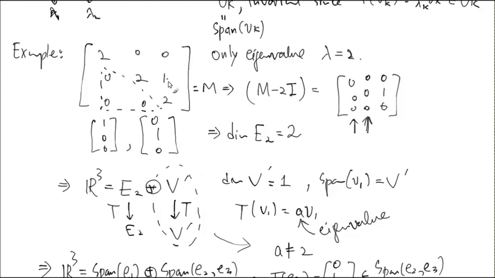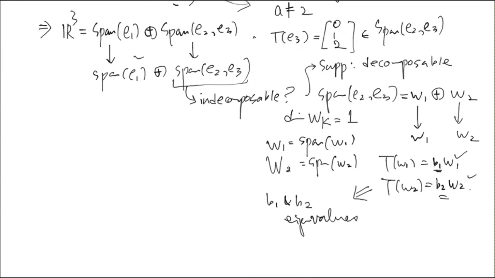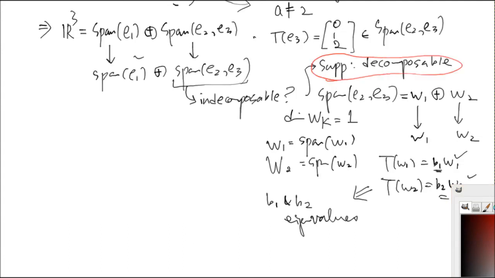But I calculated it at the very beginning, right? The only eigenvalue is 2, and the dimension of that eigenspace is 2, not 3. Okay, so going down, what's the conclusion here? We suppose this thing, then it violates the dimension of the eigenspace. Therefore, it's not decomposable.